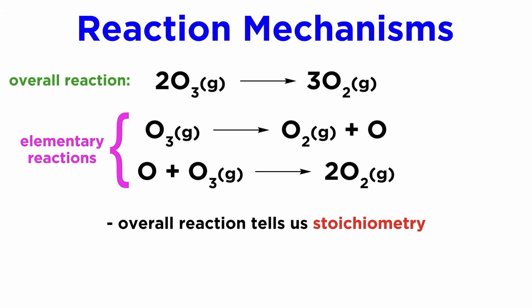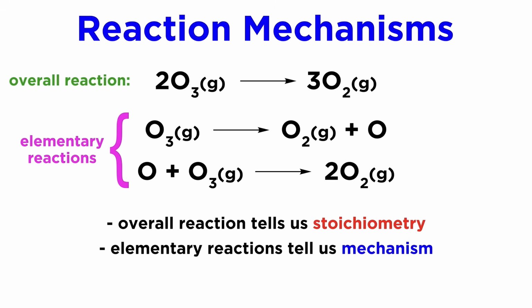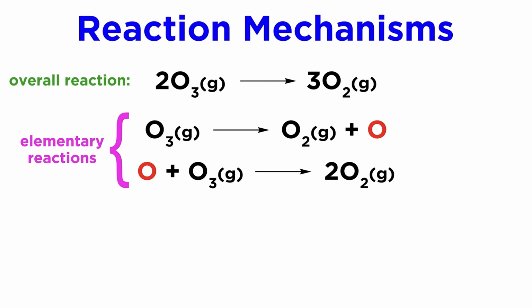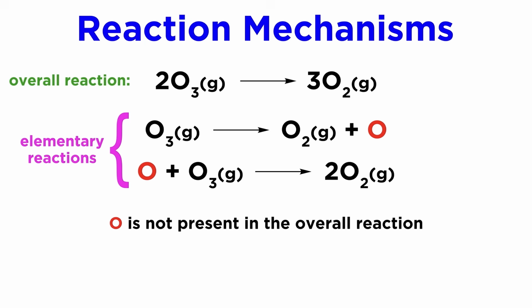Once again, from the overall reaction, we can know all kinds of things about stoichiometry, but to know what is happening every step of the way, we must refer to the reaction mechanism, which is the series of elementary reactions. Looking again at the mechanism, we notice that monoatomic oxygen is present as a product in the first step and a reactant of the second step, but does not show up in the overall reaction.